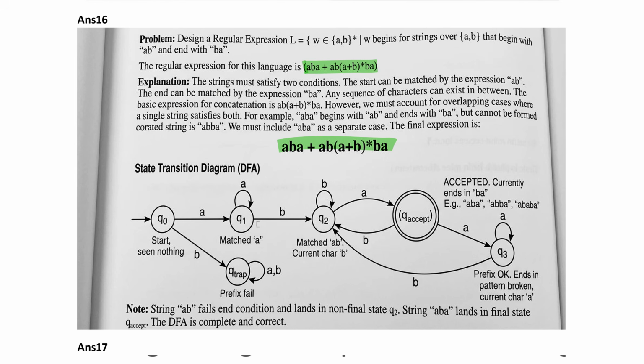For example, A, B, when we start from Q0, A, B, then A, this is the final state, then plus means or. Then again we start from initial state Q0, A, B, then A plus B. A plus B means you can apply either A or B. So here A, we get the final state Q accept, and B again.